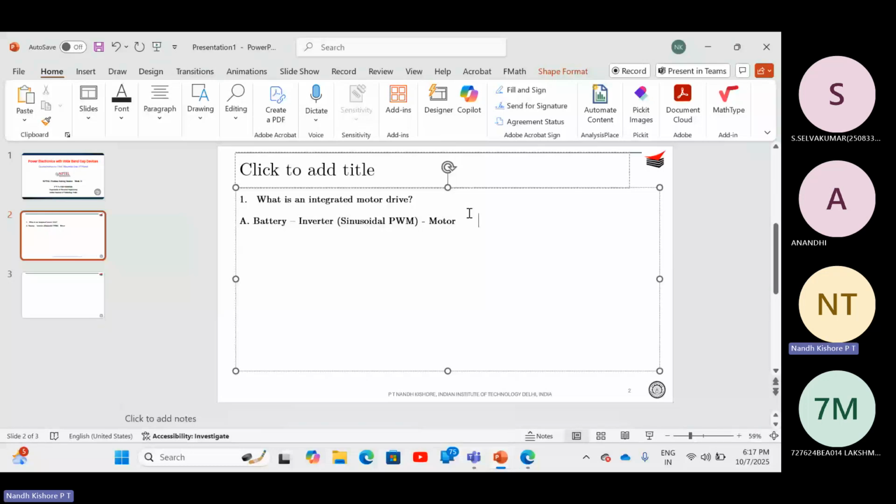I'm not writing the other options as such, but the answer would be something like a motor integrated with the drive system and other components like encoders and controllers.